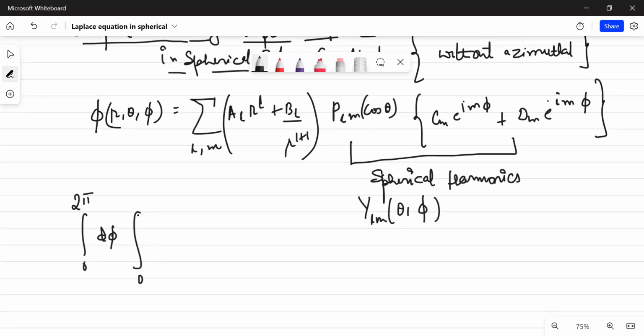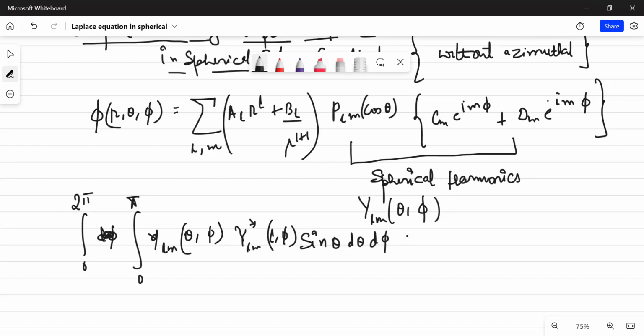We are going to do a few problems on this tomorrow, but I just wanted to write this expression so that at least we started from here. This is equal to Kronecker delta l l', Kronecker delta m m'.